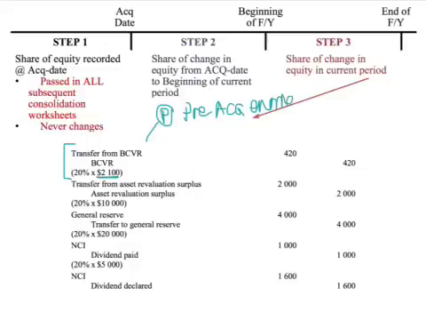So there was a similar entry, but for 80% of the 2,100 after-tax fair value adjustment for the machinery, and then the balance of that relates to the NCI share needs to be included as part of this step in our NCI calculation.